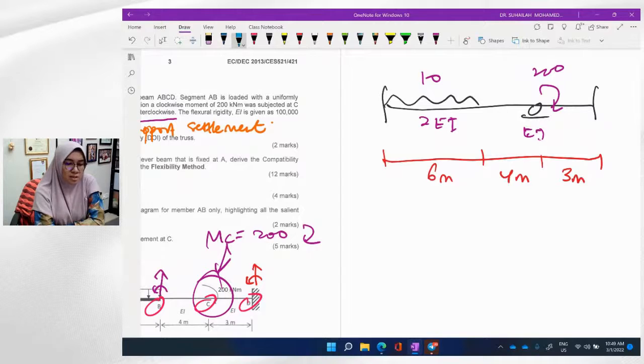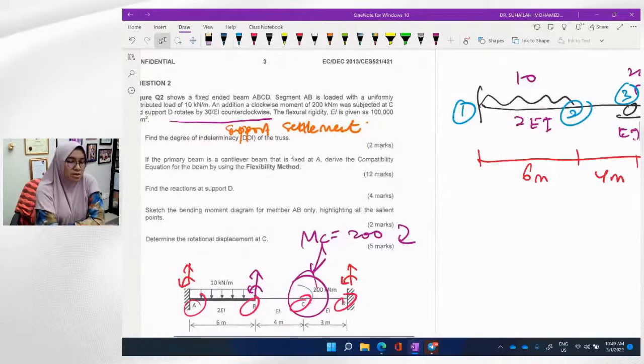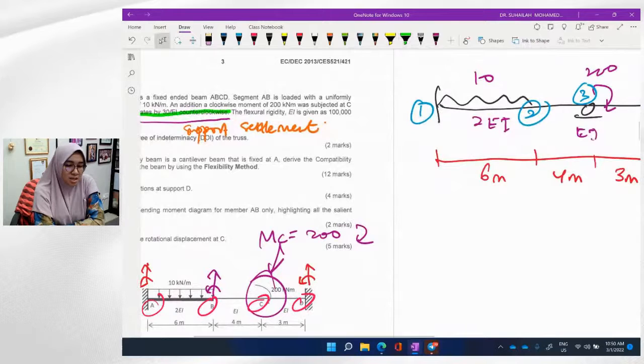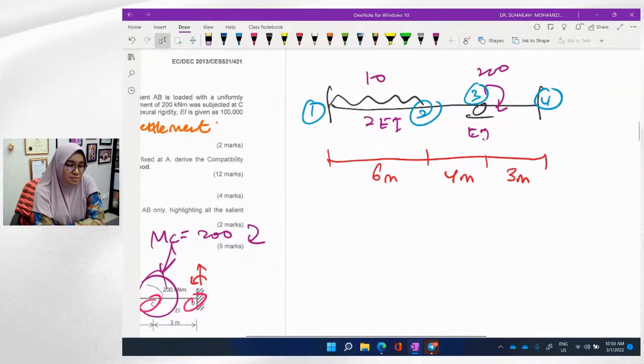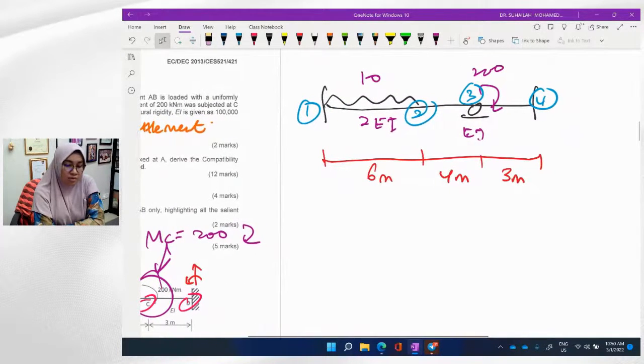Why I want to make an amendment to this question is because I want to show you how we analyze this support D, or node number 4.